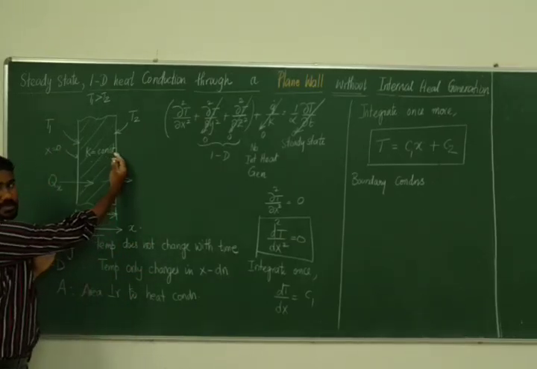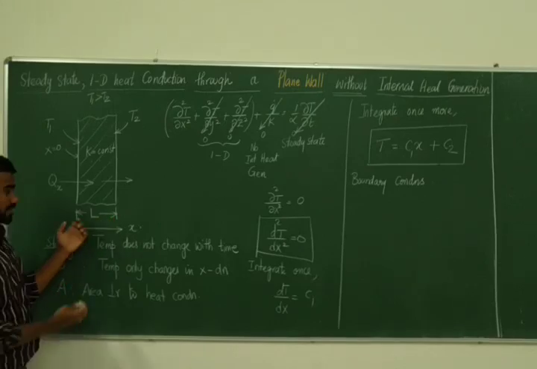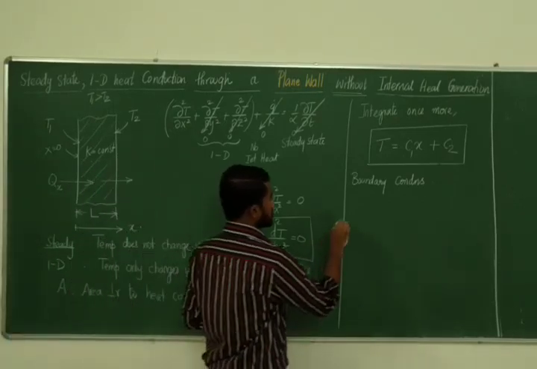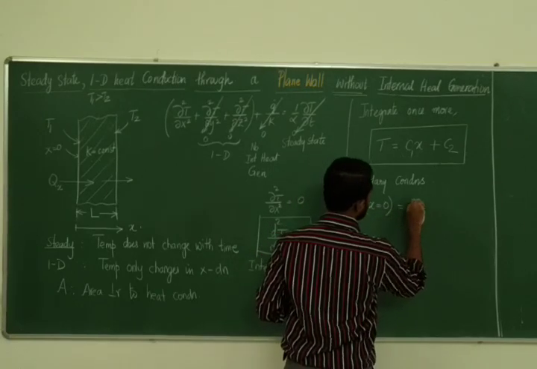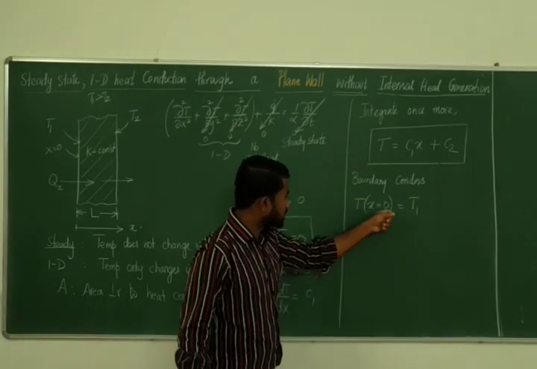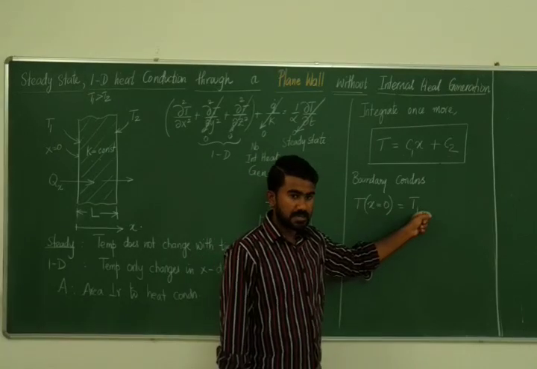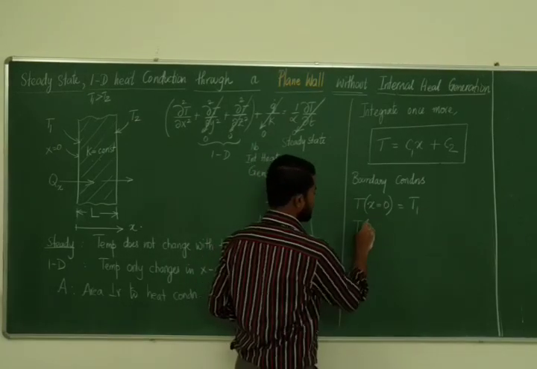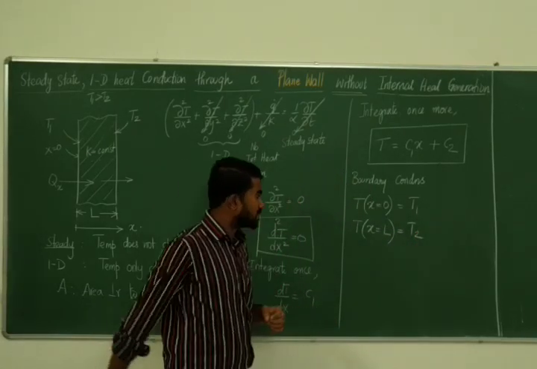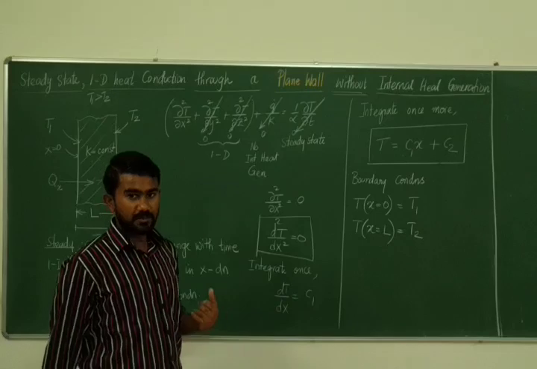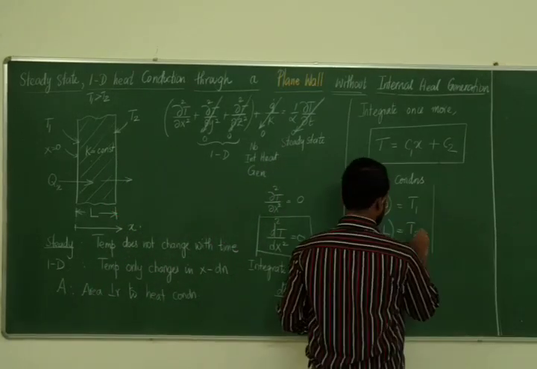What is this? x equal to L. So T at x equal to 0 is equal to T1. When x is equal to 0, T is equal to T1. T at x equal to L is equal to T2. That is, when x equal to L, T equal to T2.